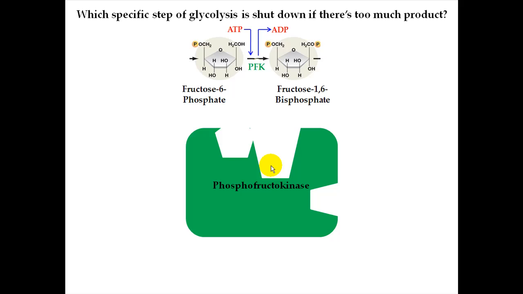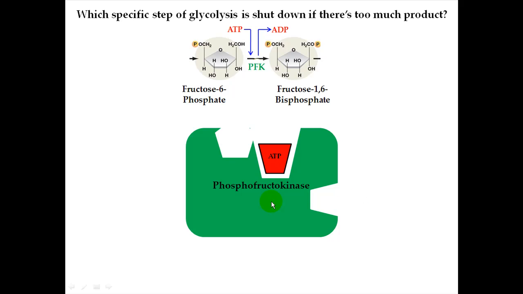And so here we've depicted that by making the slot for ATP in the active site bigger than the slot for ATP in the regulatory site. So that's not how it actually is. We just drew it bigger here and smaller here to illustrate the point that it's a lot easier for ATP to bind to the active site than it is for ATP to bind to the regulatory site.